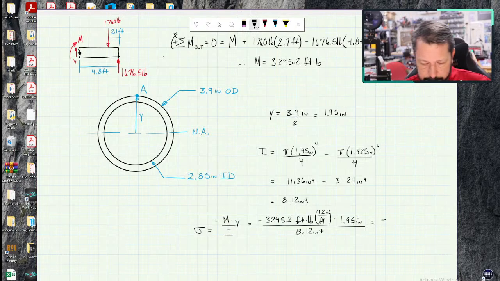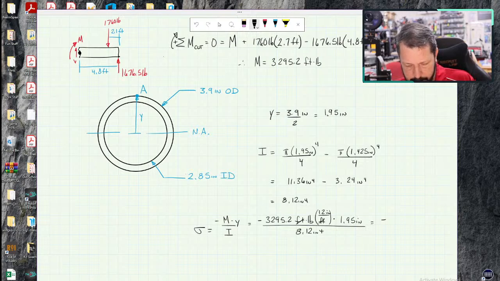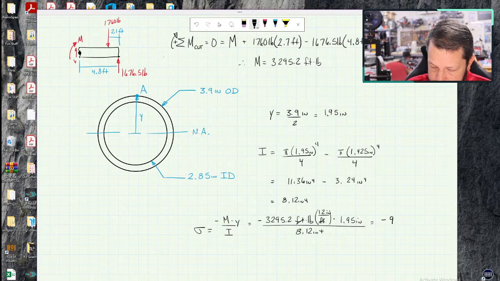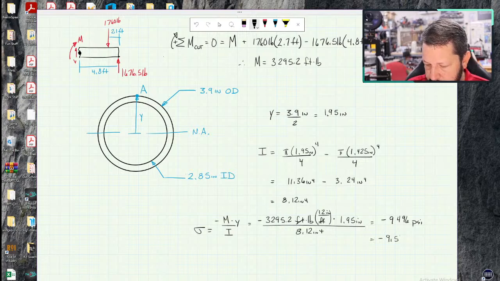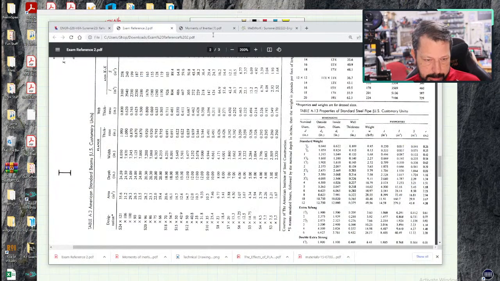And it should be negative. 3295.2 times 12 times 1.95 divided by 8.12 is negative 9,496 PSI. Equals negative 9.5 KSI. Let's see if WebWork agrees.